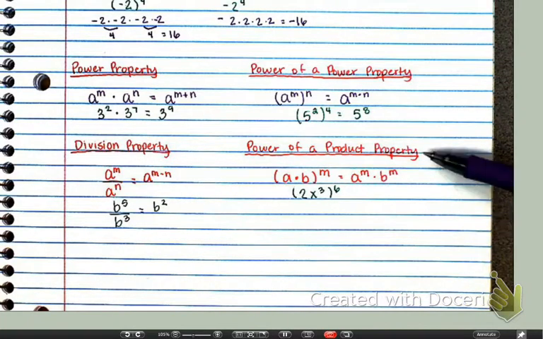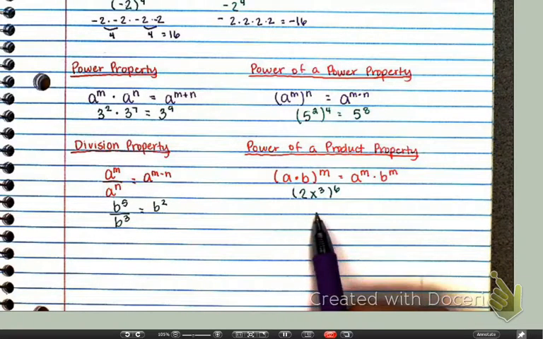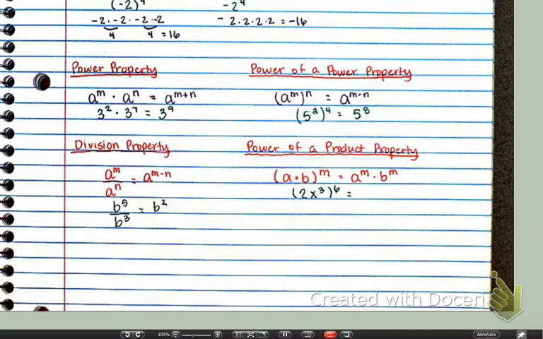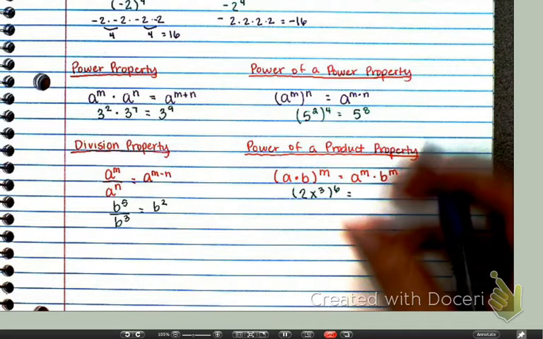So, I specifically put it with this problem for a reason, right? This property. How many bases do you see? 2. I see a 2 and an x, because that's really 2 times x to the 3rd, right? So, if I have 2 bases, I attach the exponent to each of the bases.